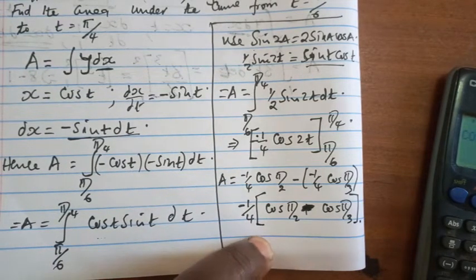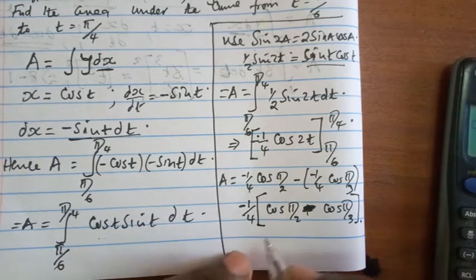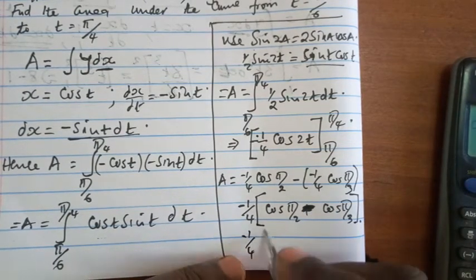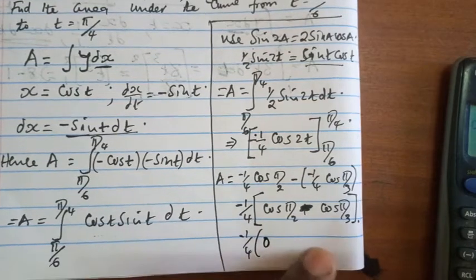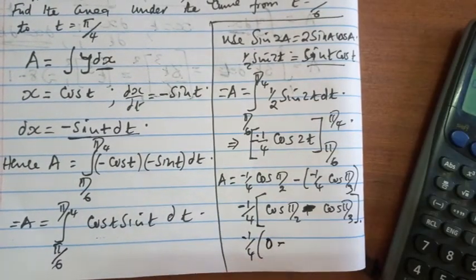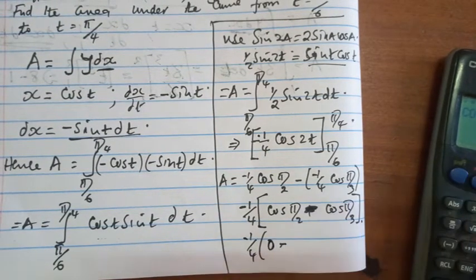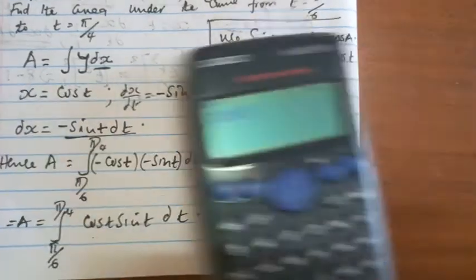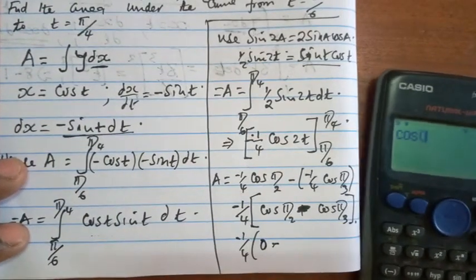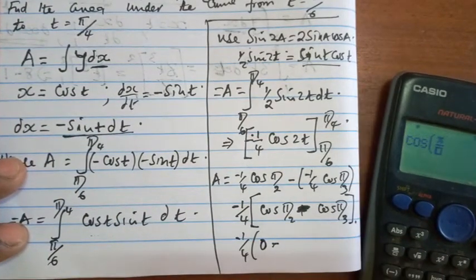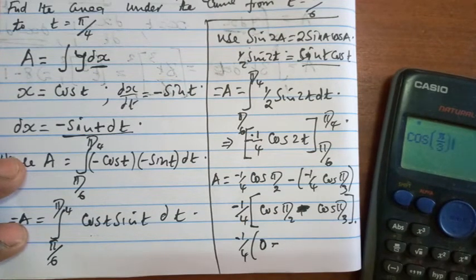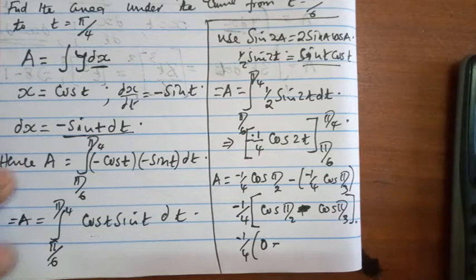So we have minus a quarter, open the bracket, we have 0 minus the cosine of pi over 3, which is equal to a half.